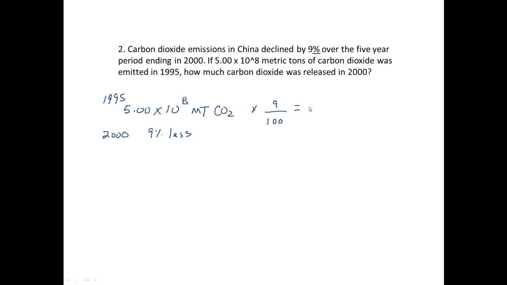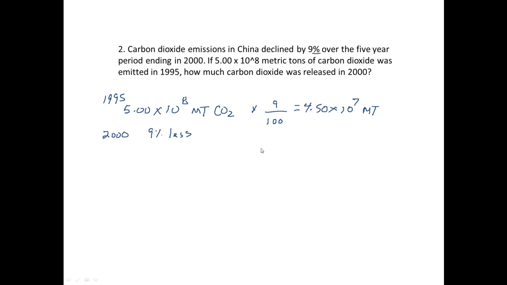So let's write that down here: 4.50, we could carry that out if we wanted to, times 10 to the 7th metric tons. All right, so now that's how much we lost.